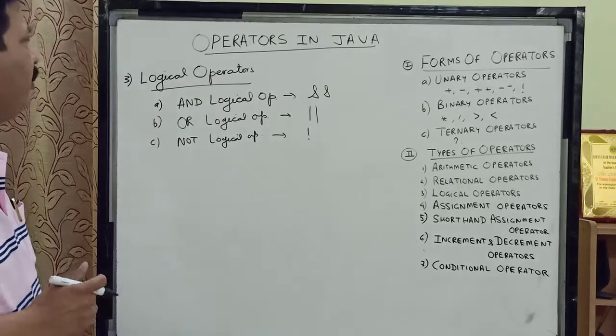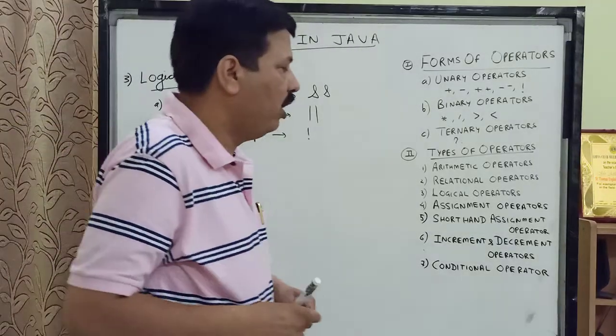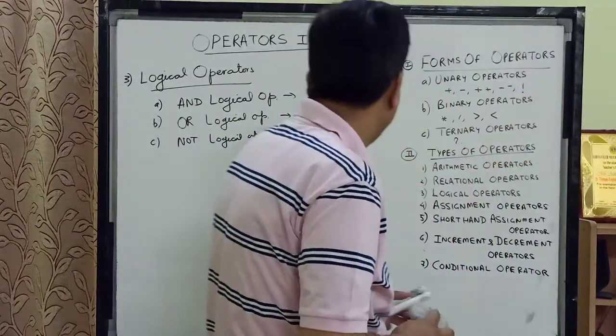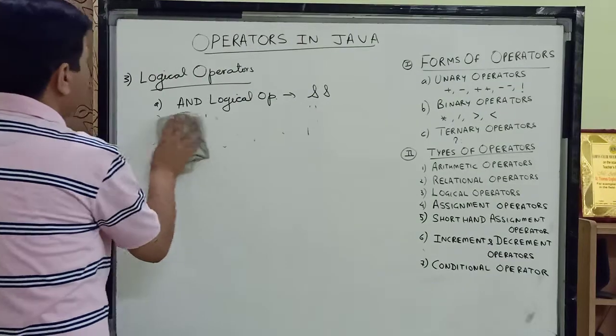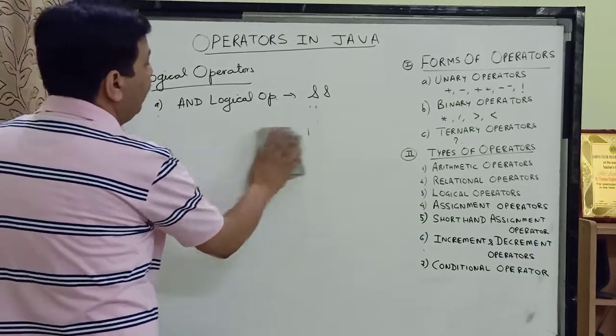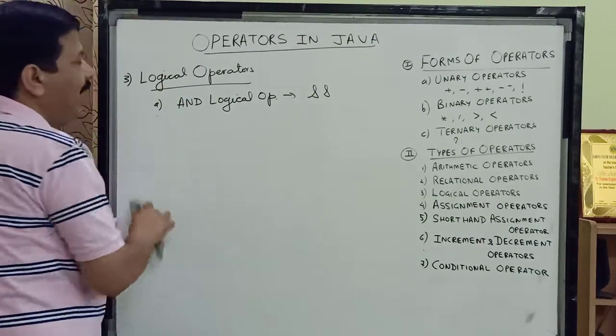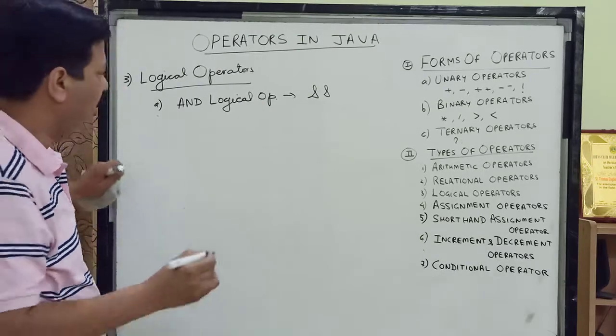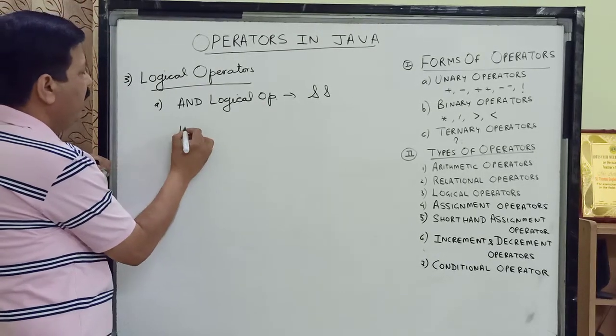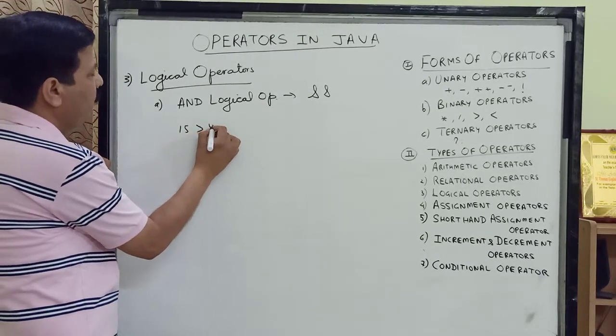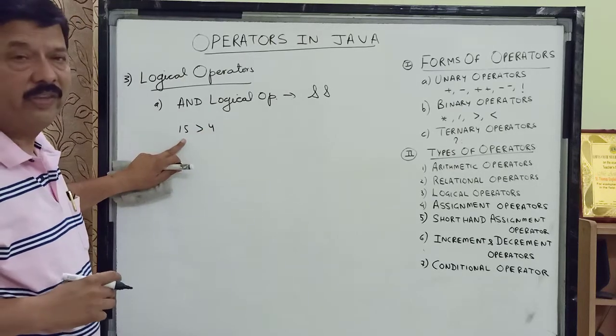So children, first of all, we'll talk about the AND logical operator, and we say AND logical operator gives you an answer true when both the conditions are true. So children, if I say is 15 greater than 4, the answer to this is yes.